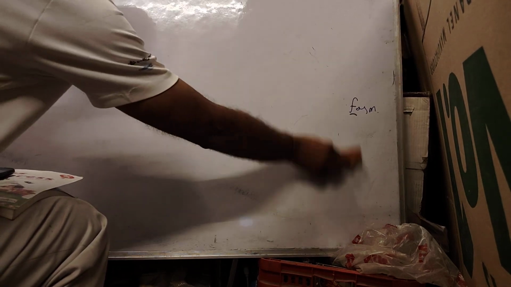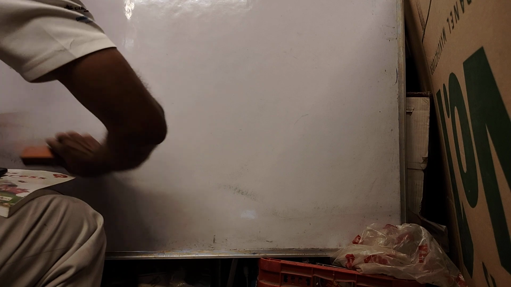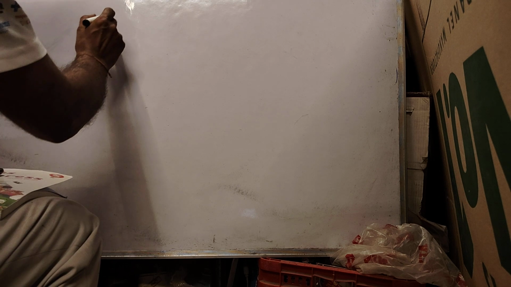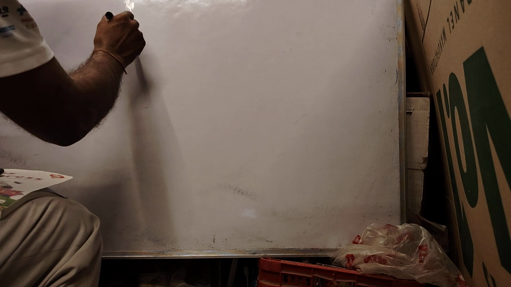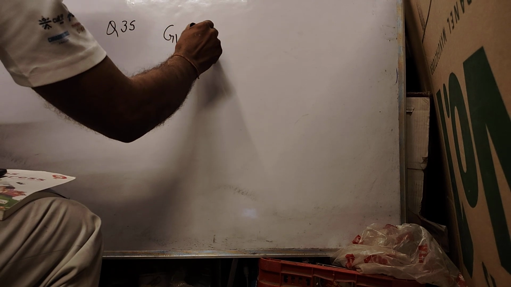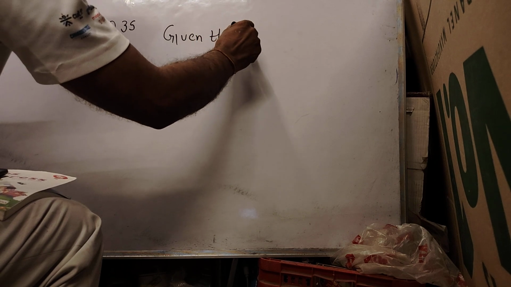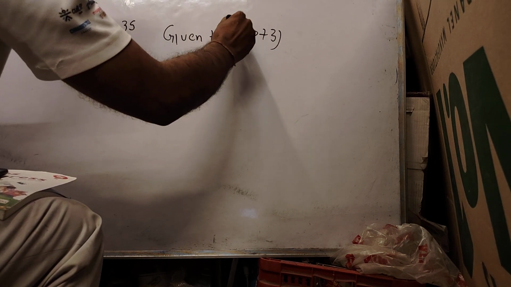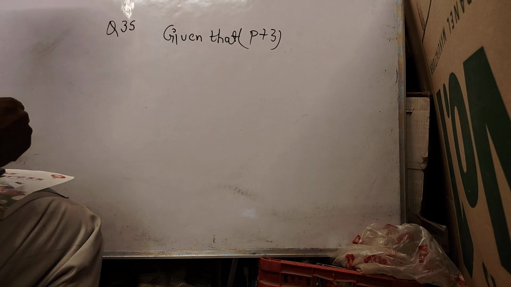Come to next. I know it is 35. Because I said 9, 6, but I realized that 9 and 12. So can you say the correct answer of question number 35? Given that P plus, is it 9?